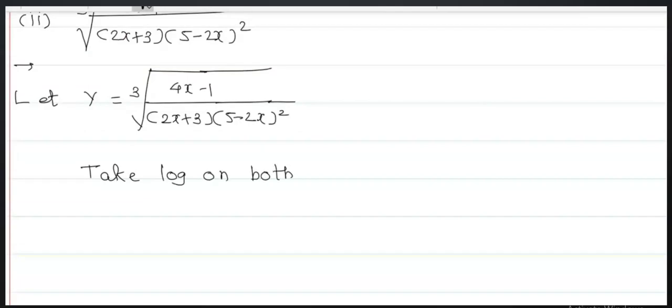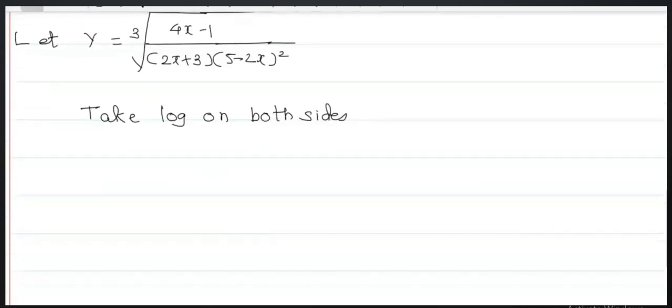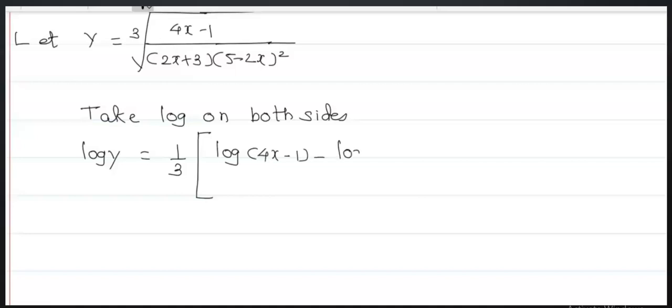Take log on both sides. Therefore, you will get log of y is equal to 1 upon 3 log of 4x minus 1 minus log of 2x plus 3 minus 2 times log of 5 minus 2x bracket complete.